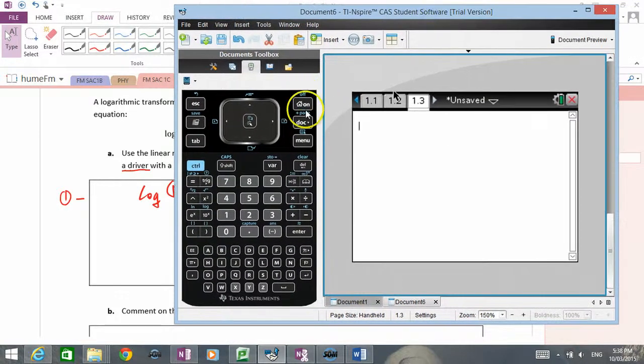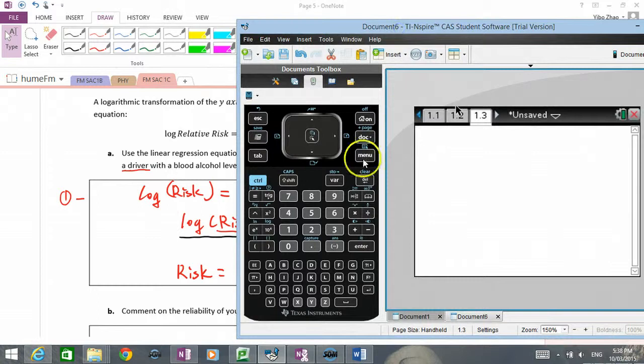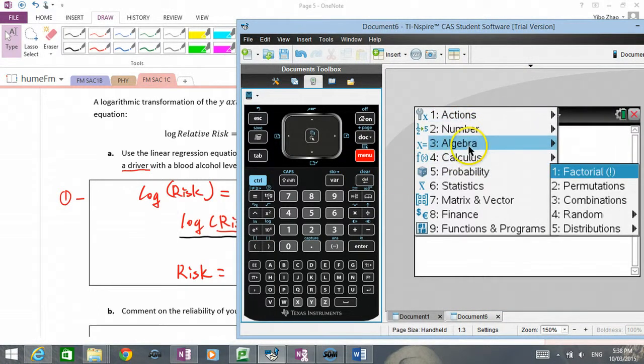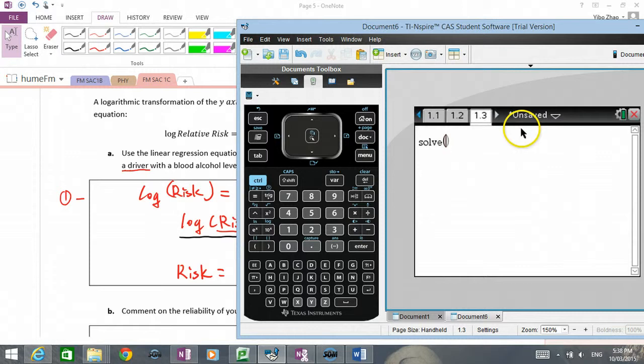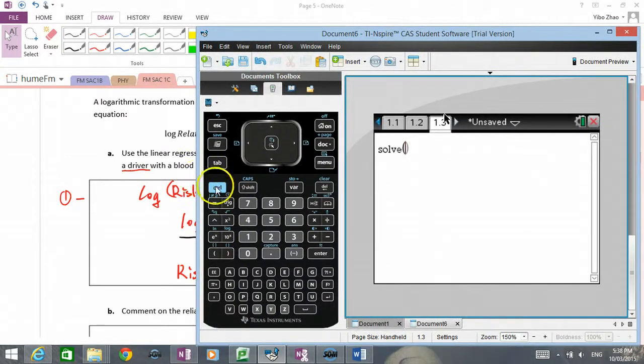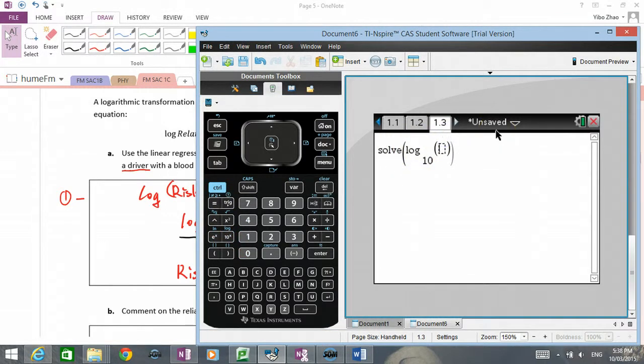Okay, so what I would do is we have something equal to something. This is an equation. So with the equation, I can use the solve button. So what I do is I go to menu, algebra, solve. Then I type in this equation. So I have log. Remember, base is already 10. So risk, I name it x.